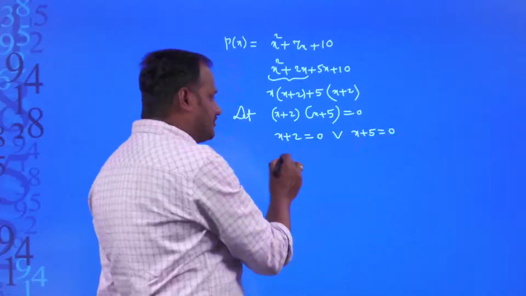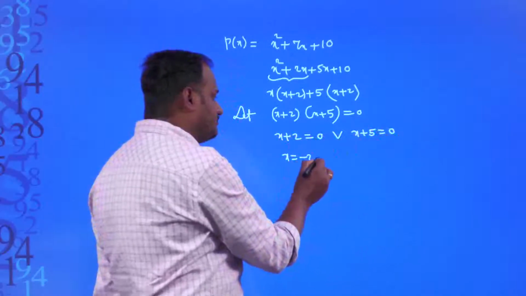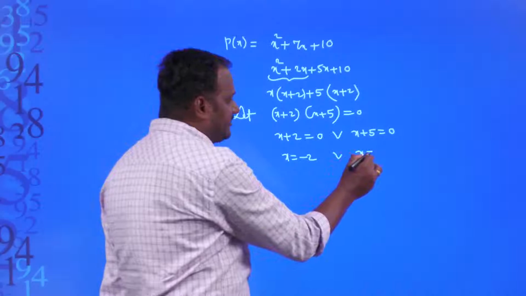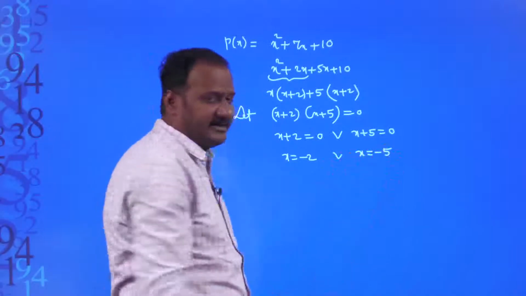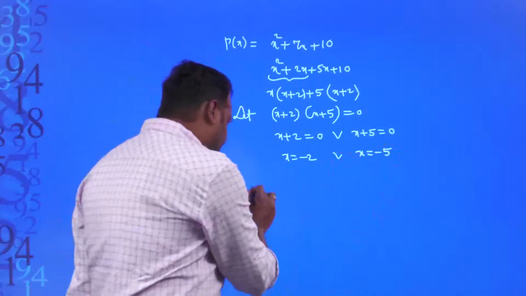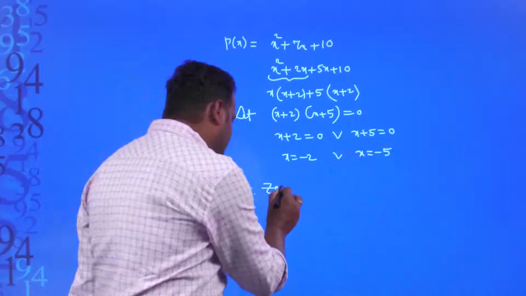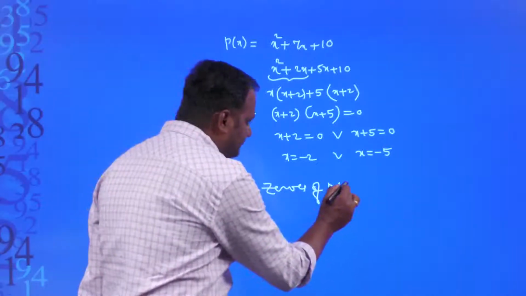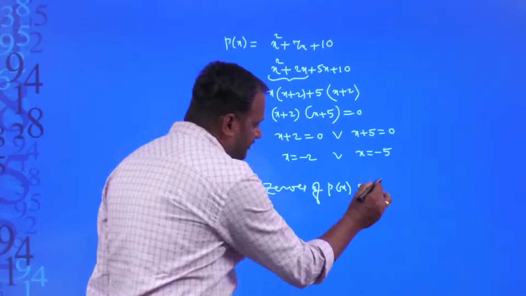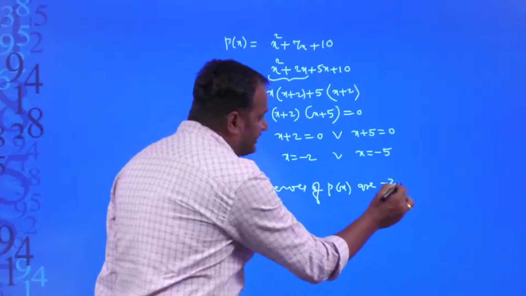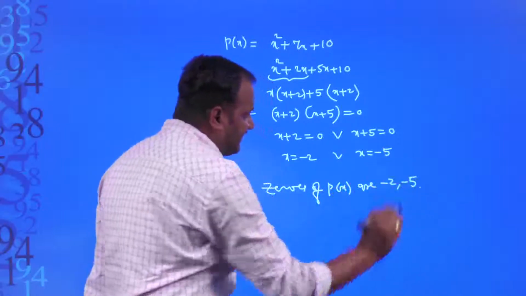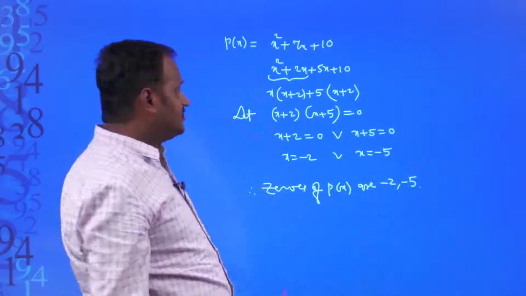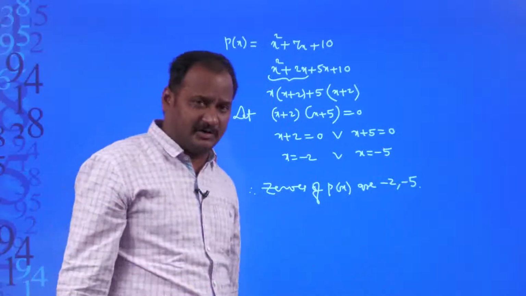If x plus 2 equals 0, x is equal to negative 2, and if x plus 5 equals 0, x is equal to negative 5. Therefore, the zeros of p of x are: the first zero of the polynomial is -2 and the second zero is -5, right. So this is the way of finding zeros of the polynomial.